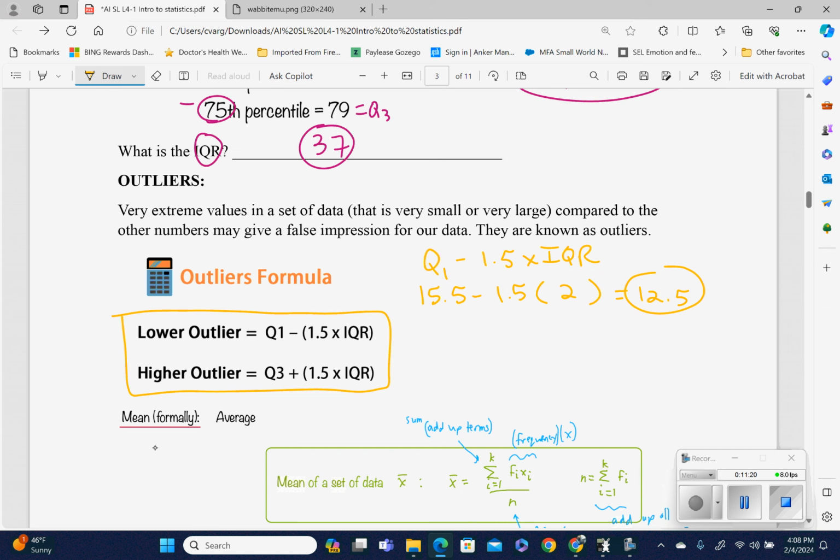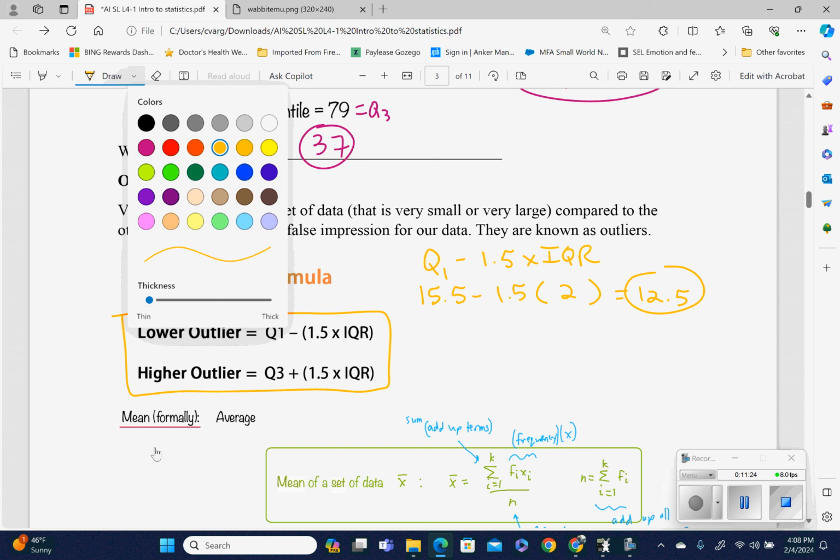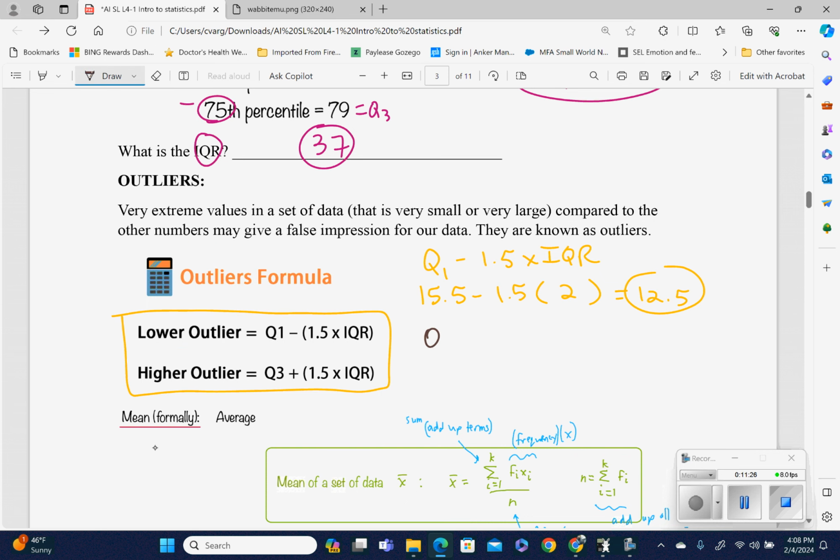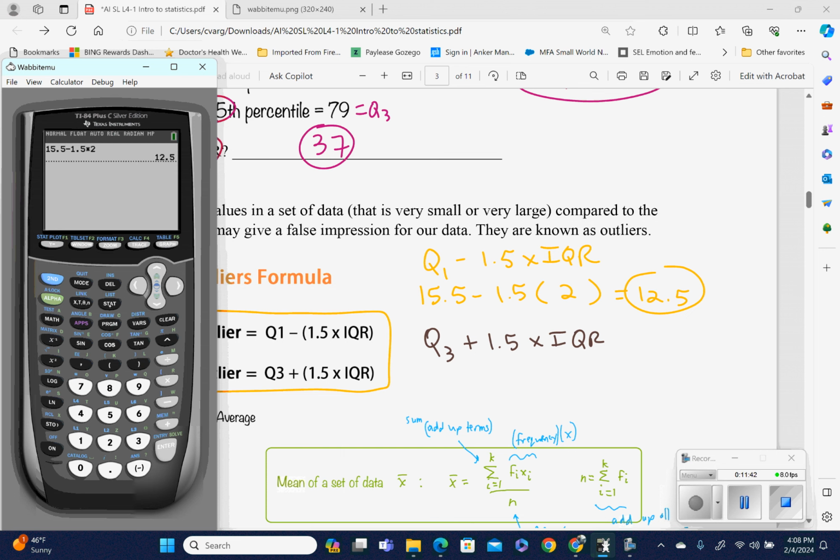Okay, so now let's go to the other range. For my Q3, how do I tell something is an outlier on the upper side? I do Q3 plus 1.5 times IQR. In this case, my Q3, going back to the calculator, one-variable stats, and I know I could just look it up, but I want to show you.